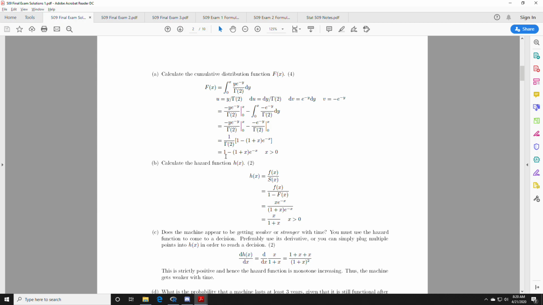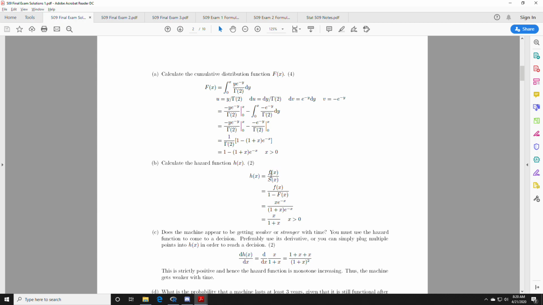Okay, hazard function. We know its definition: PDF divided by survival function. Recall the survival function is nothing more than 1 minus the CDF. And just like the CDF, we can stick a number in to get a probability. We can't in a PDF.